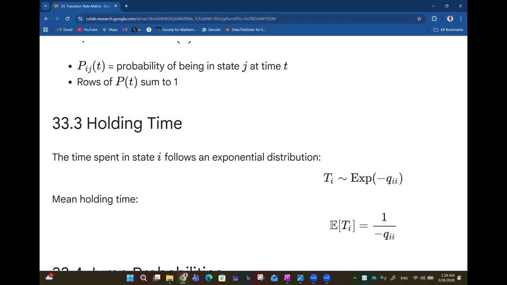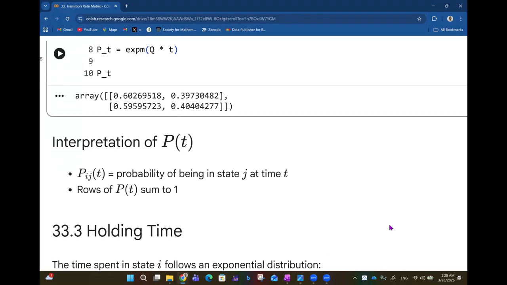And then we talk about the holding time. The holding time is the time spent in state i. The time spent in state i follows an exponential distribution, that is, Ti follows an exponential distribution with rate minus Qii. So the mean holding time is the expectation of Ti equals 1 over minus Qii, for a particular state.